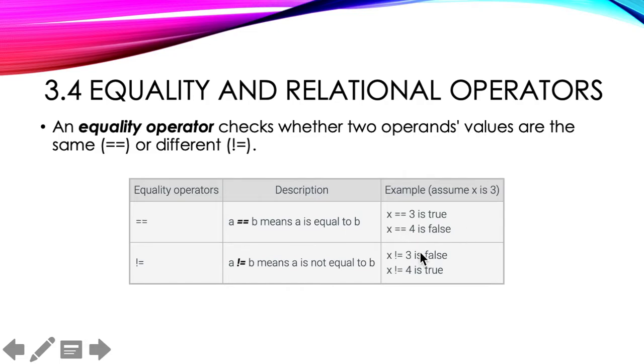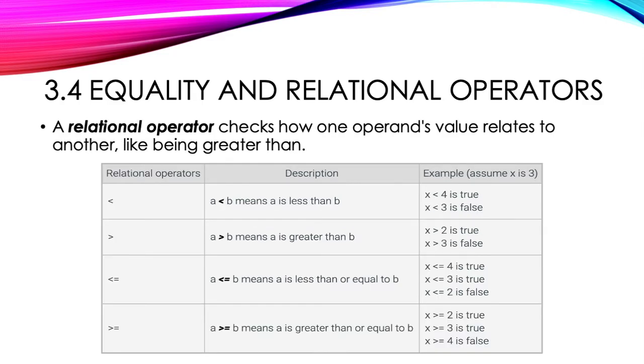It gives 0. Another example, this is not equal. 3 not equal to 3 is false. It is equal to 3. So not equal to 4 is true. A simple example. Also, we have less than, greater than, less than or equal to, and greater than or equal to operators.